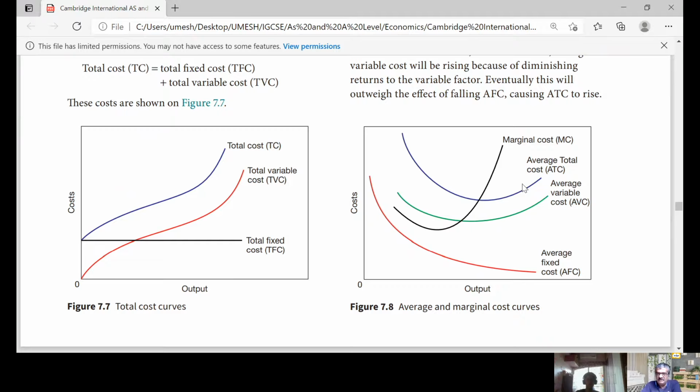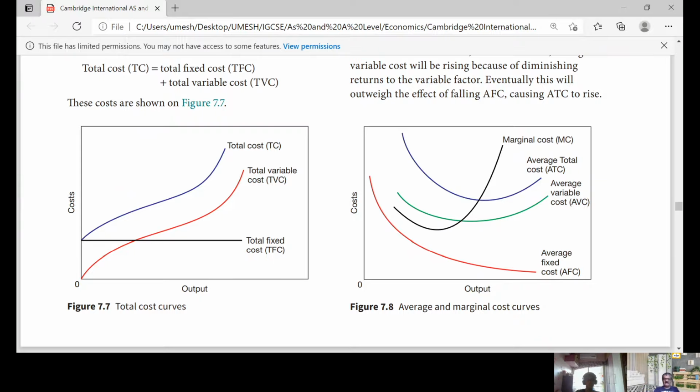Marginal cost, the average total cost that we have seen. Now, always remember, if you are talking about a fixed cost, it will be always a constant line parallel to x-axis. But average fixed cost will always go on falling down.